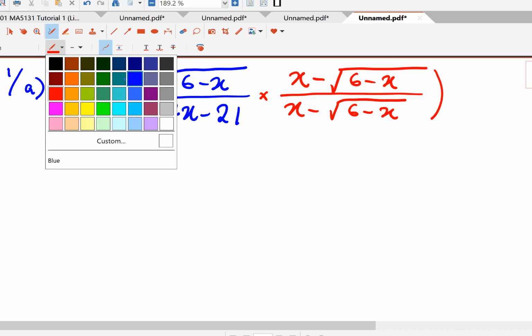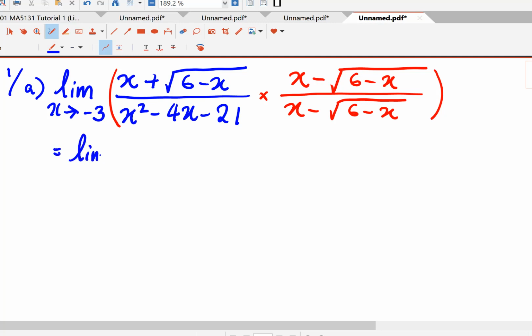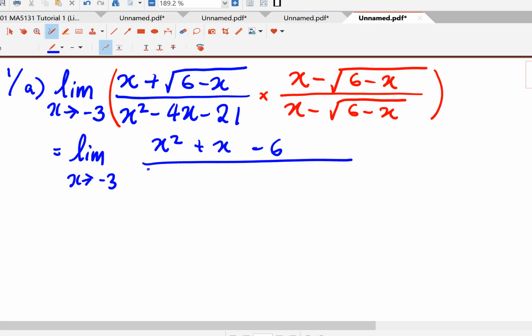Upon multiplying, on the numerator you'll be left with x squared plus x minus 6, and on the denominator, x minus the square of 6 minus x.